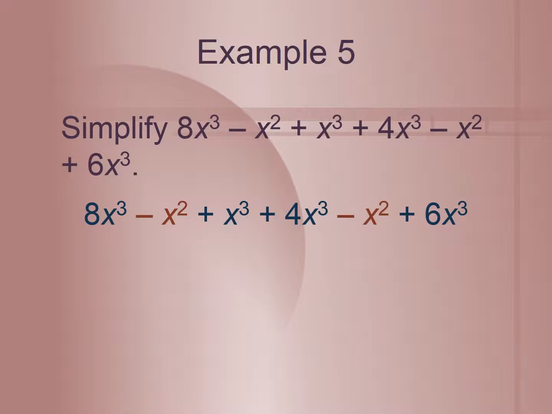So when I combine my x cubed terms, I have 8 plus 1 is 9, plus 4 is 13, plus 6 is 19. And then when I combine my brown ones, negative 1 minus 1 is negative 2. So I end up with 19x cubed minus 2x squared.